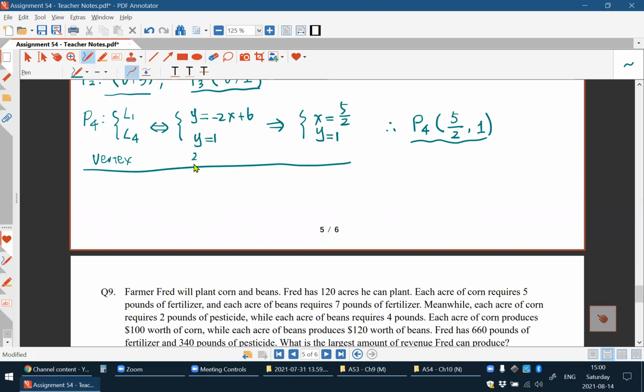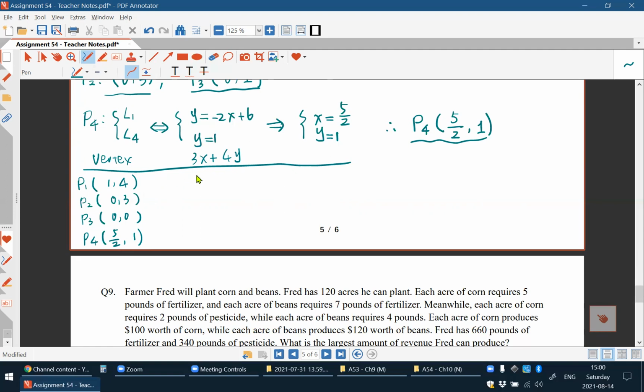Second column is our target function, which is 3x plus 4y, right? Okay, P1 is (1, 4). P2 is (0, 3). P3 is (0, 1). And P4 is (5/2, 1), right?